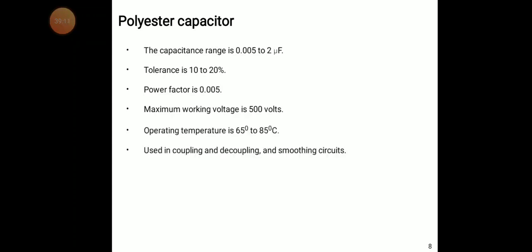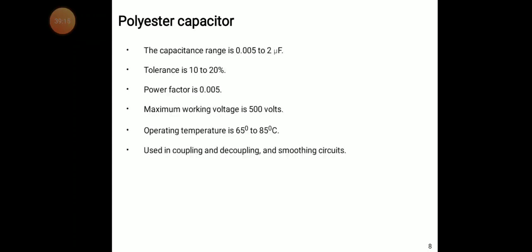Power factor is 0.005. The maximum working voltage is 500 volts, and the operating temperature is the same as the polystyrene capacitor, minus 65 degrees centigrade to 85 degrees centigrade.